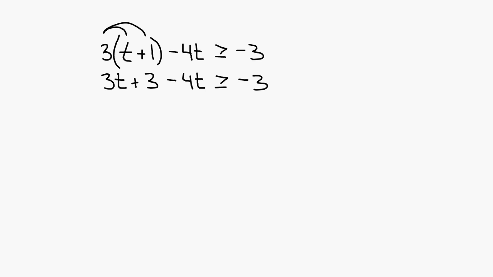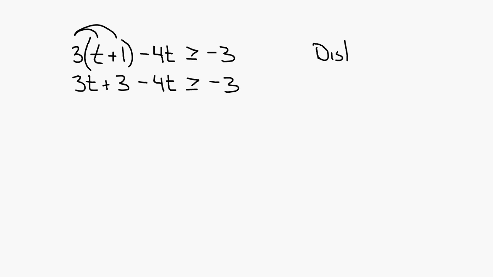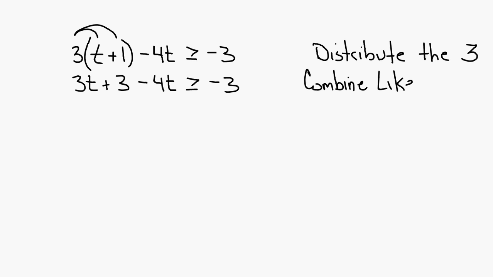So that first step was to distribute. Distribute the 3. In this second step, you need to combine like terms. Which means you're going to be combining the 3t and the negative 4t.